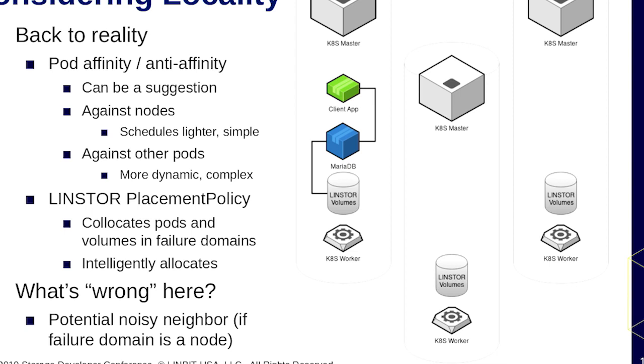So we either need to control pod placement very strictly, again using something like a node selector or node affinity rules, which are more expressive, or we can make the storage show up where the pod is. And that's something that we can do with LINSTOR, with its storage class. We can specify that storage should follow a placement policy.